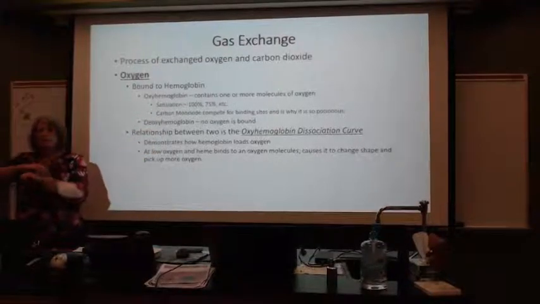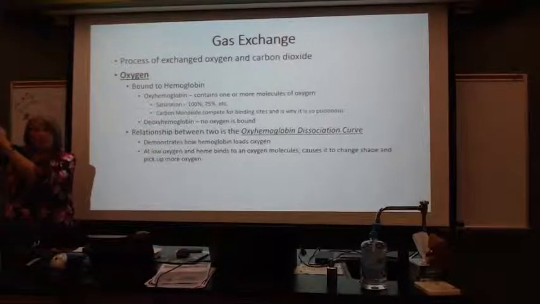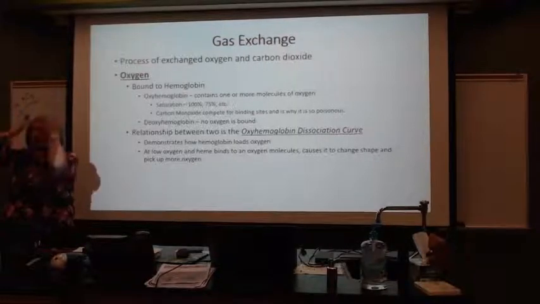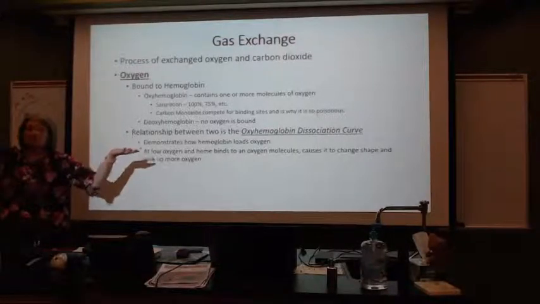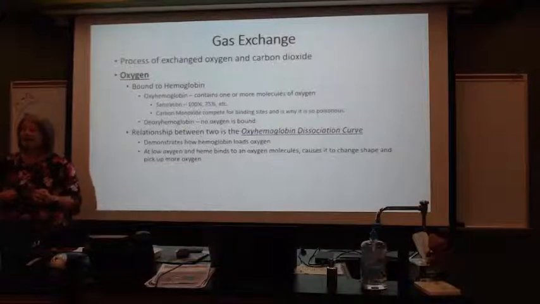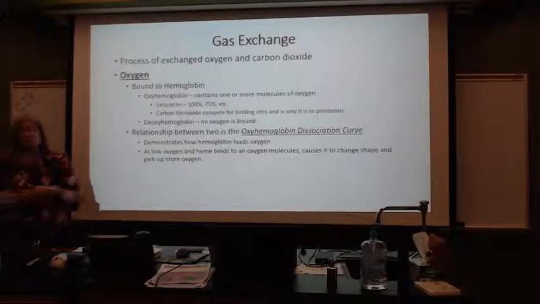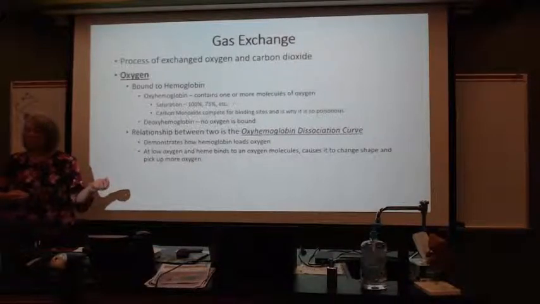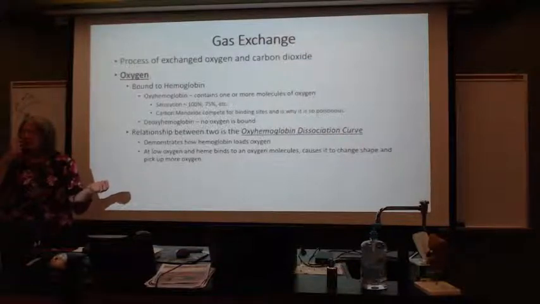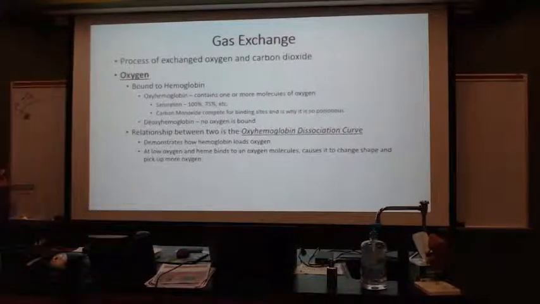You guys kind of remember me mentioning that pulse ox, okay? And yes, they want it to be as close to 100 as possible. They start getting concerned at roughly 95%. That's letting you know how important it is for that oxygen level to be up in our blood, okay?